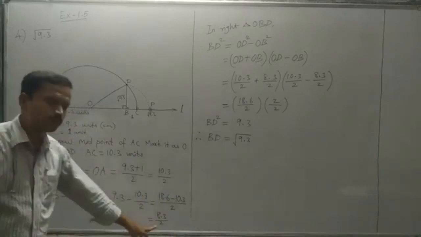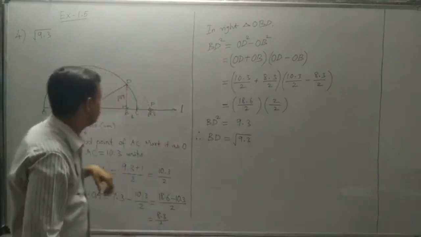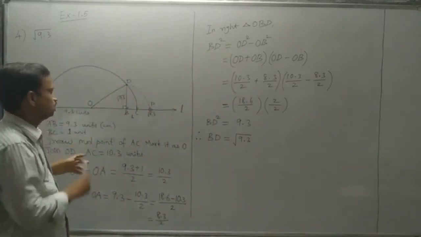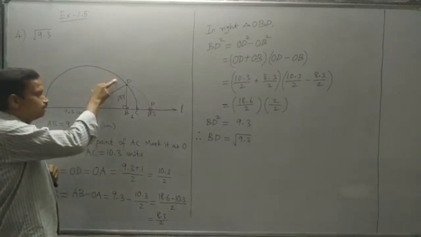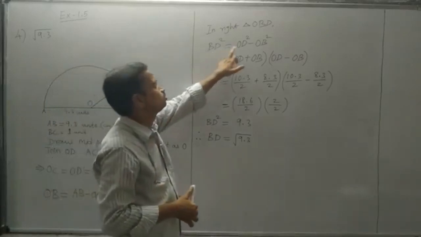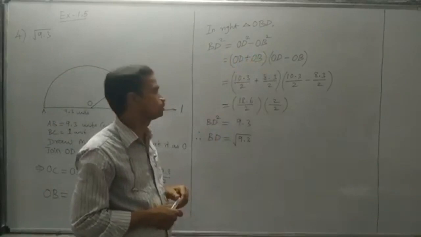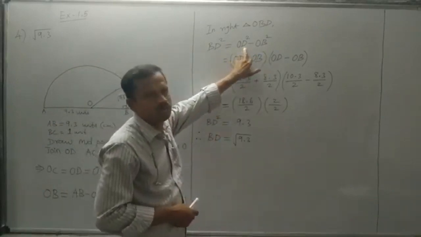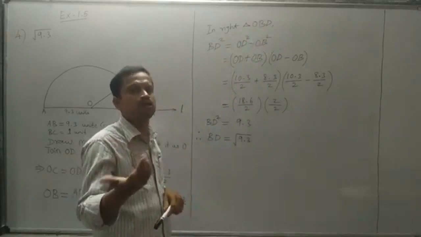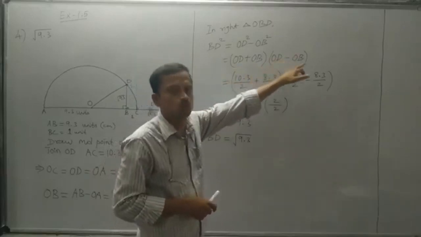OB is 8.3 by 2. Now coming to the right triangle OBD, by Pythagoras BD square is equal to the hypotenuse square OD square minus OB square. This is of the form A square minus B square, so we write it as A plus B into A minus B: OD plus OB into OD minus OB.